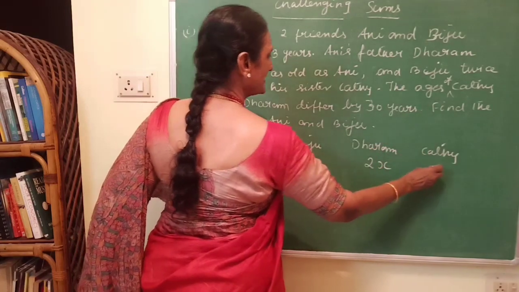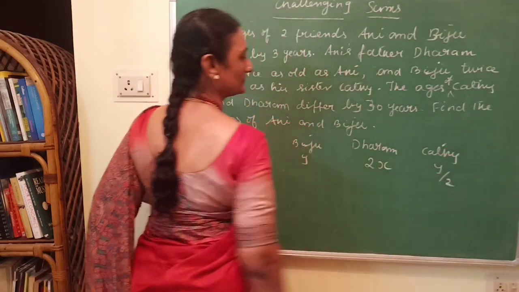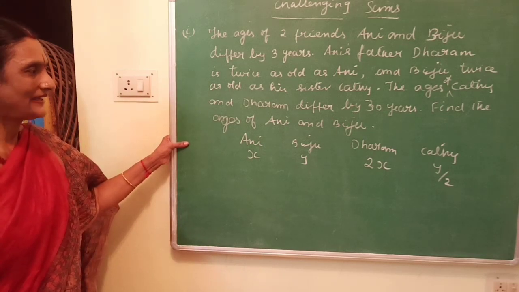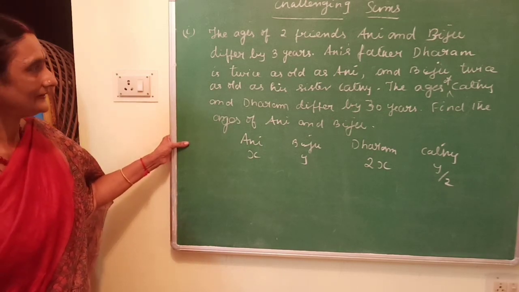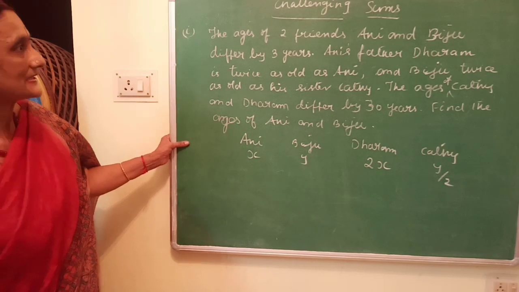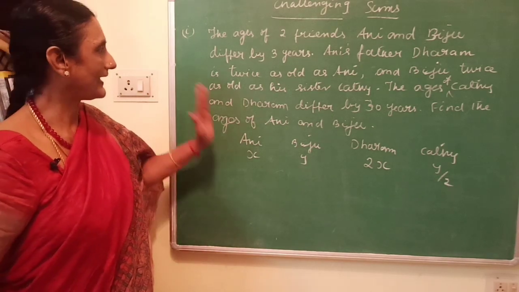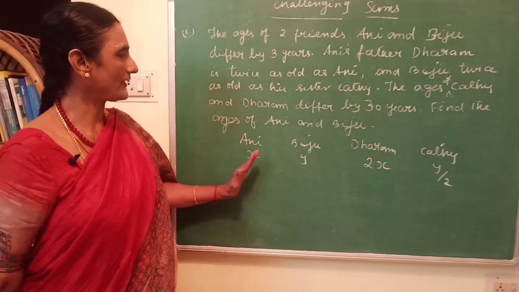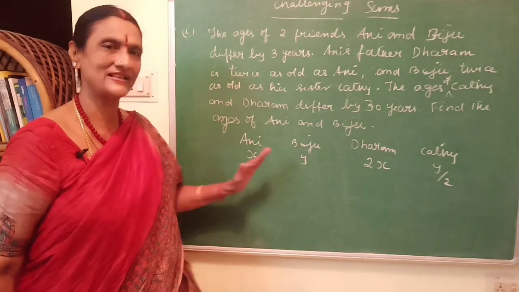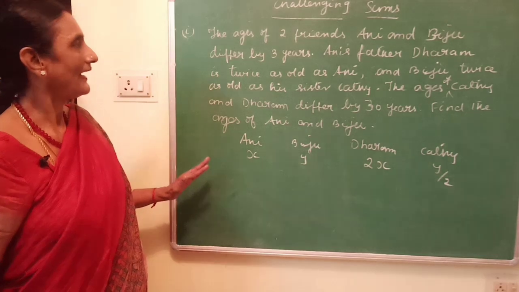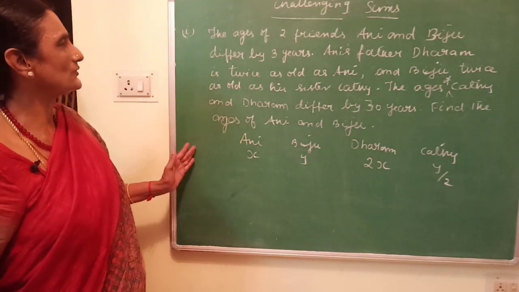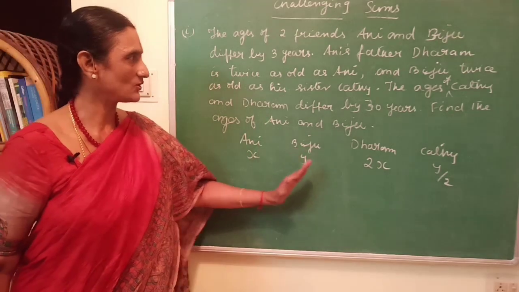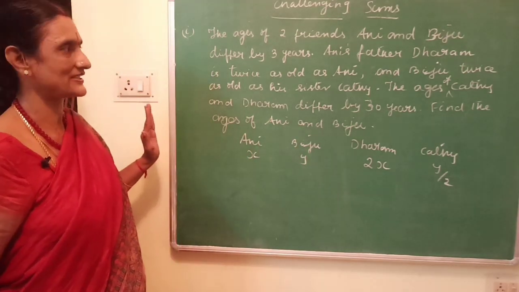Therefore, Kathy's age will be y by 2. Are you getting it? So Ani is the son of Dharam. Therefore, we have the comparison for Ani's age and Dharam's age as x and 2x. And the comparison for Baiju, twice as old as his sister Kathy, so y by 2. This is the first assumption.